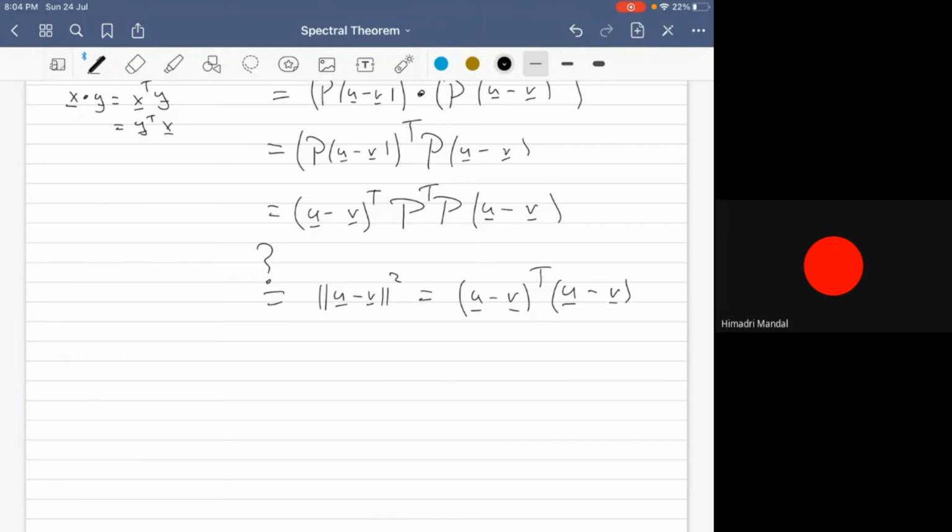So if p is orthogonal, that means p transpose p is identity, then this is true.